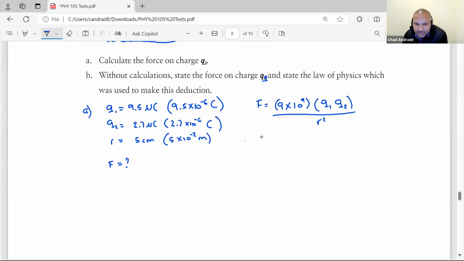The part that's tricky is actually plugging this into the calculator and making sure we get the right value, right?